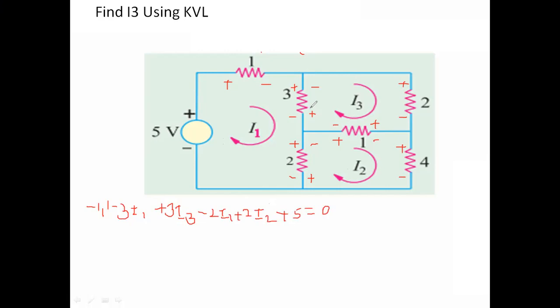Next, coming to the I2 loop. For the I2 loop, it is minus I2 into 1.